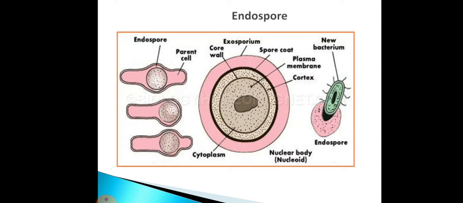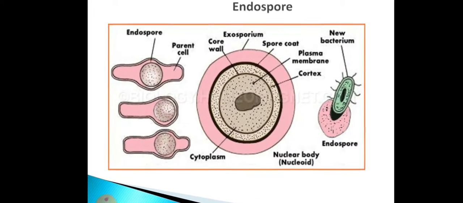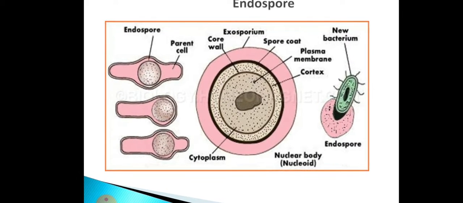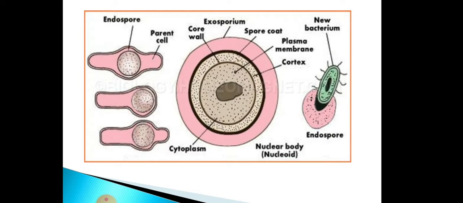The picture of the endospore. Here you can see the endospore, parent cell, the core, exosporium, spore coat, plasma membrane, cortex and cytoplasm. From that the new bacterium is formed from the endospore.